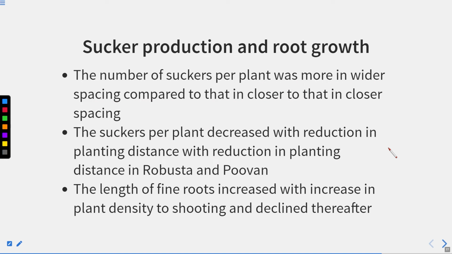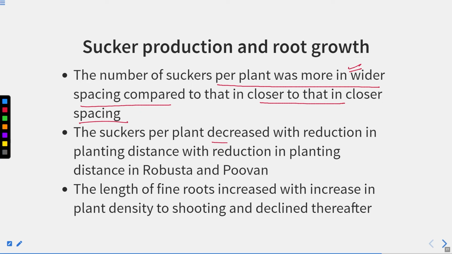Now sucker production and root growth: how the sucker is produced and how the root emerges from the plant. The number of suckers per plant was more in wider spacing compared to that in closer spacing.